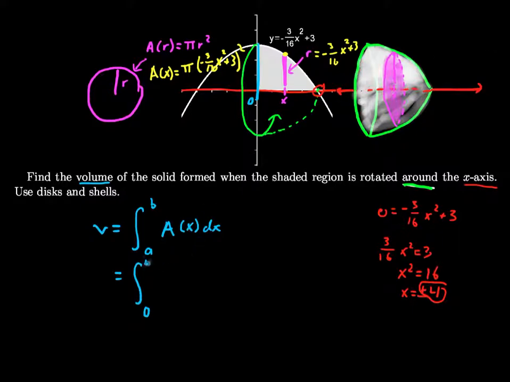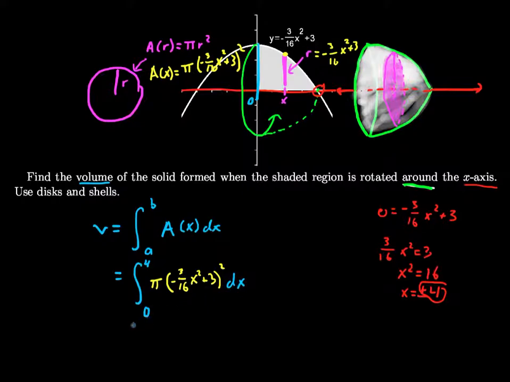So from 0 to 4 of the areas, which are just pi multiplied by the radius squared. The radius is the height of this function, so I have pi times negative 3/16 x squared plus 3, squared, dx.